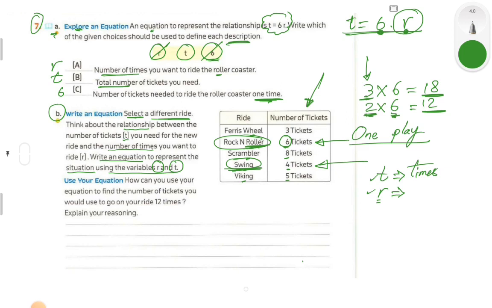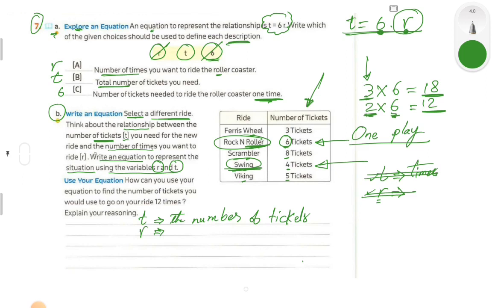No, it's false. He said that t is the number of tickets. That's wrong. Now t is the number of tickets, and r is what?